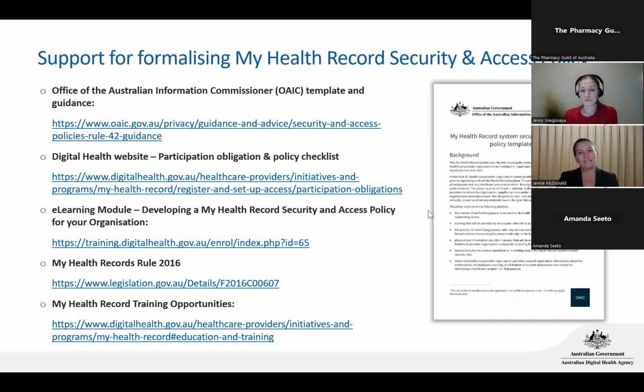Yeah, look, it's a good idea to just keep a brief summary of how the situation met the legislative provisions. So outline why the access was necessary to lessen or prevent a serious threat to a person's life, health or safety, and indicate why it wasn't practicable for the person to provide you with their access code, so that you could access the record using the regular access methods.